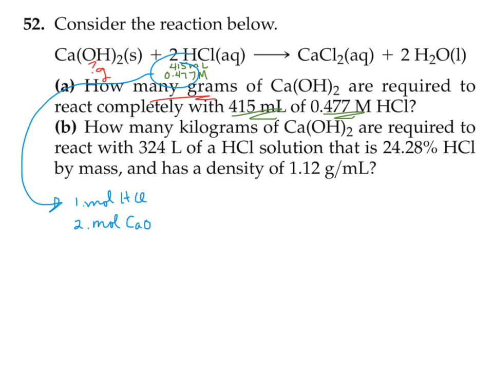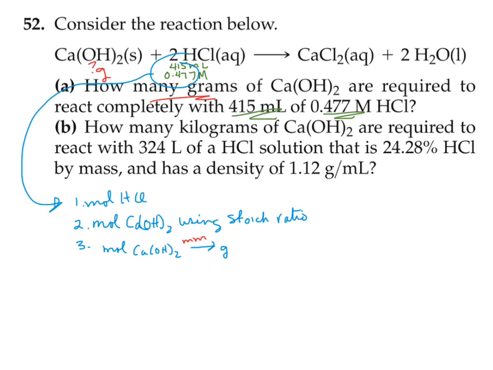This isn't straight aqueous solution stoichiometry, because one of our things is a solid, but it's a similar approach. Use volume and molarity to get to moles, use stoichiometry to get moles of the other thing. And then we're back to what we did in Unit 1, I think it was, where if we know moles but we want grams, we can use molar mass. Okay, so that's how that one goes.